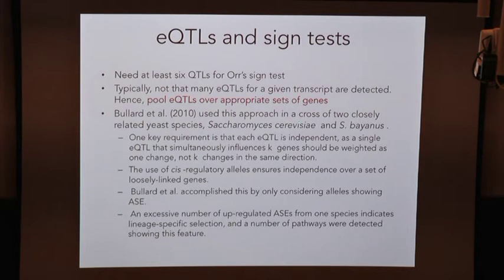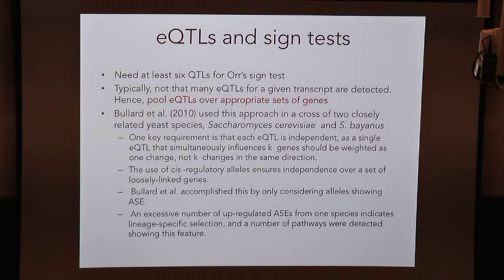And when this is done comparing Saccharomyces cerevisiae and a close relative, a couple things. Number 1, you need the eQTLs to be independent. If I have a master regulator, and that master regulator upregulates everything at all the sporulation genes, that's one event, not K events. So the way they got around this is they used only things that mapped in cis.